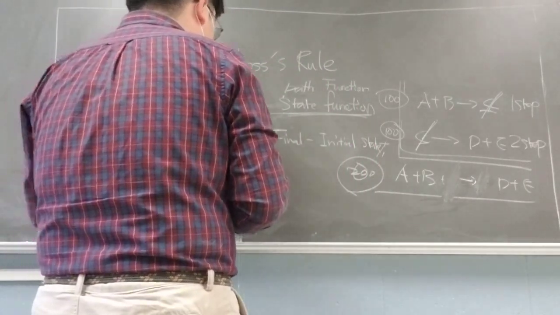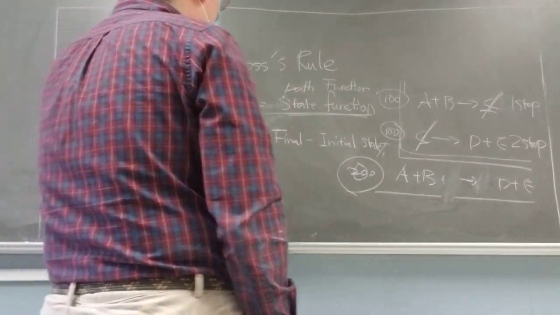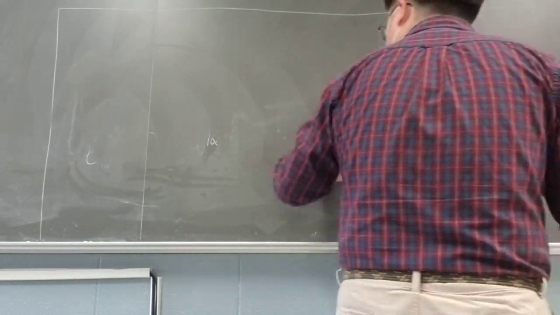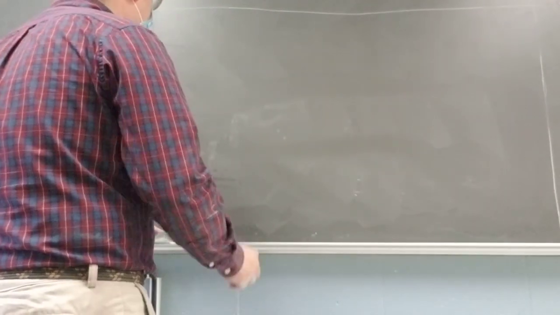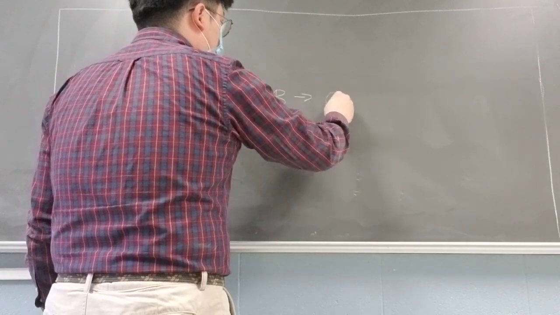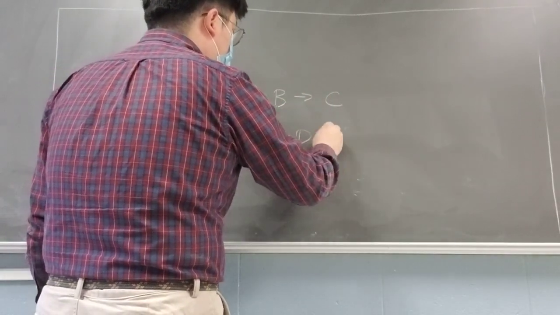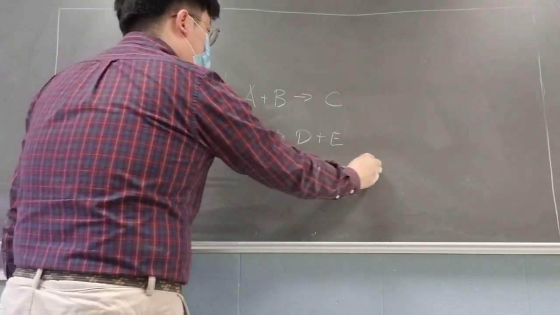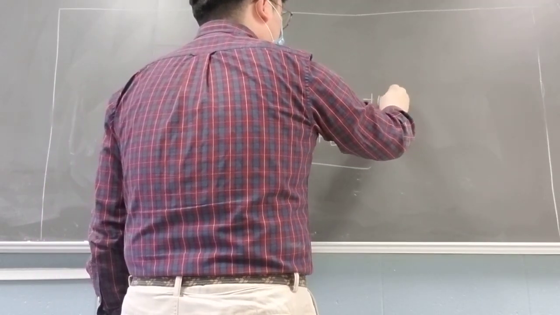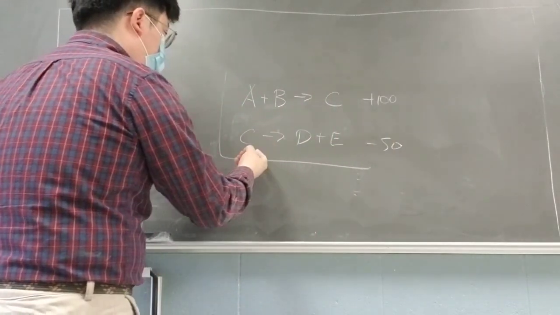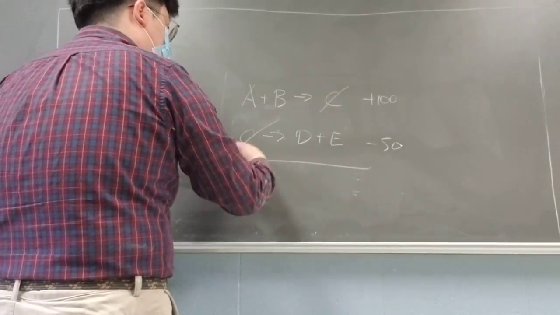I'll give you one more example here, and then I'll show you the practical problems, because there are several things I want you to know. So A plus B becomes C, and C becomes D and E. Like I said, if this is maybe plus 100, and this is maybe negative 50, you can cancel both sides when you combine.